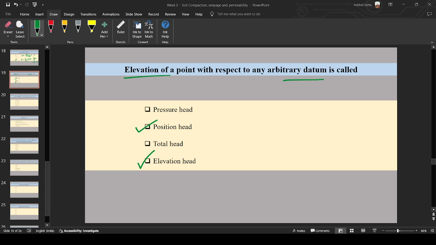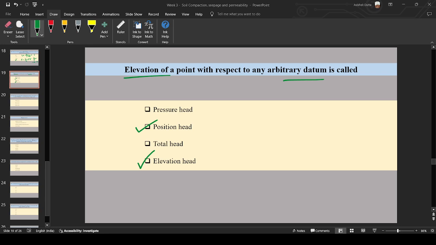So you have to convert this because you are using H in meter. So K will also be in meter per second. So convert this centimeter to meter. So 3 into 10 to the power minus 3 will change to 3 into 10 to the power minus 5.